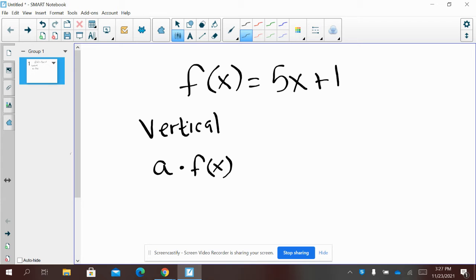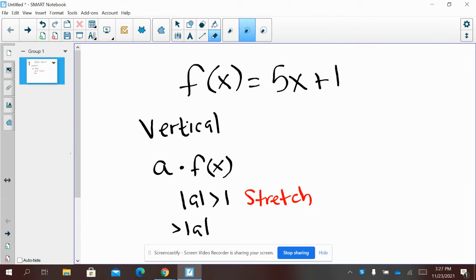Okay, so some value is going to be multiplied the entire function. Now, when a, the absolute value of a, is greater than 1, we call that a vertical stretch. And when our value of a is somewhere in between 0 and 1, we call that a vertical compression.